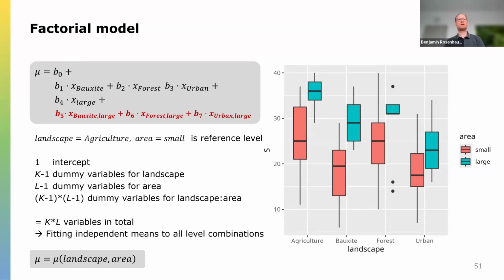We also get dummy coded new variables for all the combinations of predictor levels. However, conceptually, if you look at the last line here, I always think of this full interaction model as having an intercept which depends on landscape and area. And since we have 4 and 2 levels for the predictors, we have in total 8 means which are fitted.